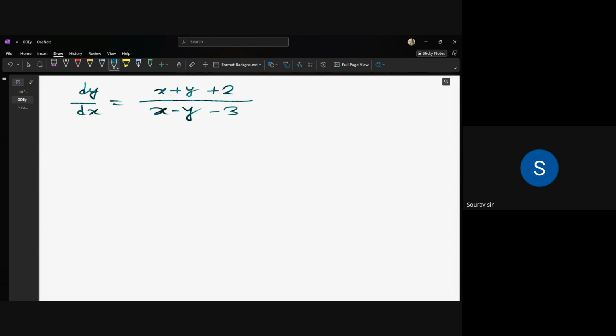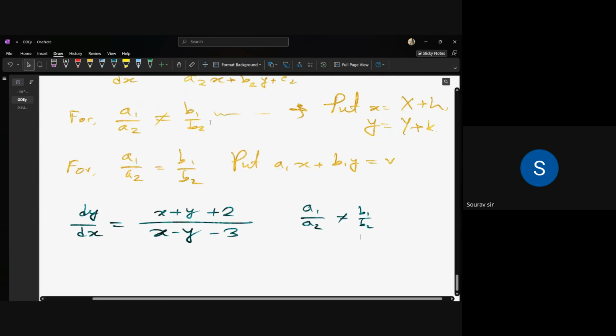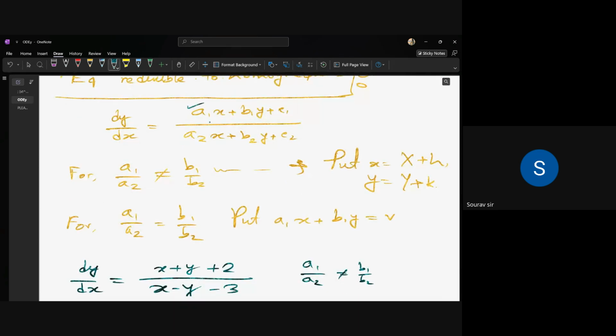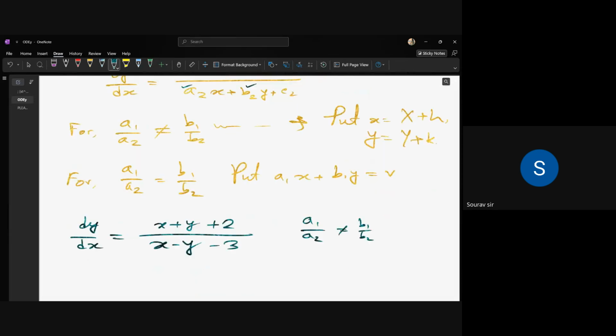Okay. Then we can easily see that our a1/a2 is not equal to b1/b2. Our a1, a2, b1, b2 are the coefficients of x and y here.